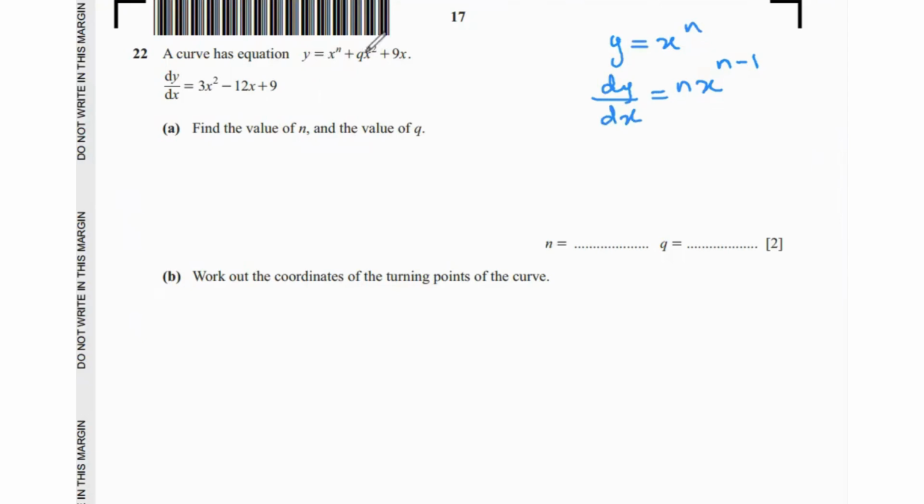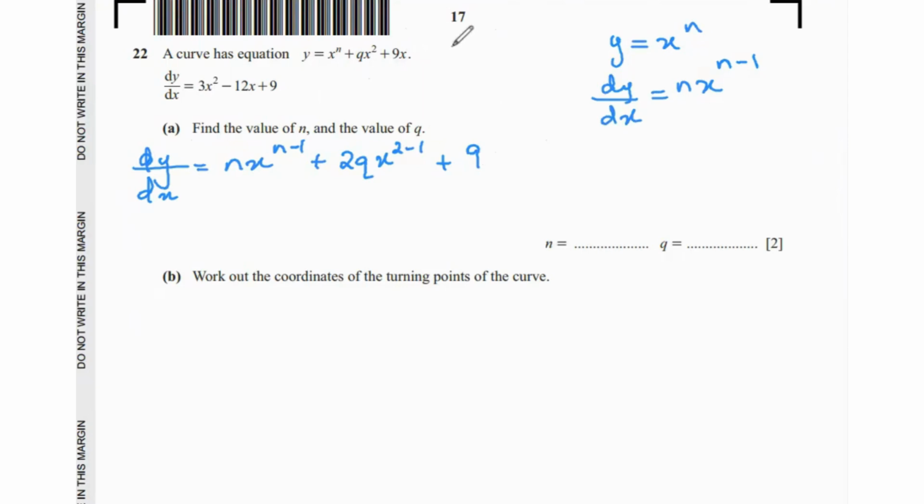So for y equals x to the power of n plus qx squared plus 9x, dy by dx is going to be n times x to the power of n minus 1, plus 2q times x to the power of 2 minus 1, plus 9. For x has a power of 1. So when you bring 1 down, 1 times 9 is 9.